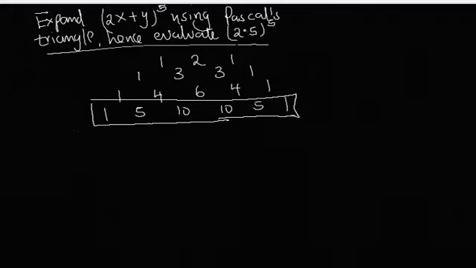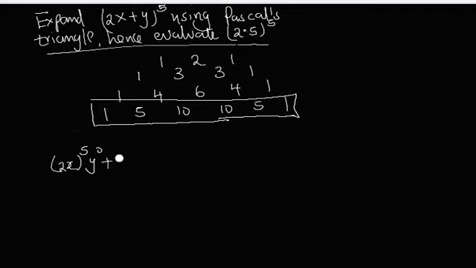And after noting them, the next thing we are going to do is to introduce now our terms without coefficients. And we have two terms, 2x plus y. So we're going to take the first term, 2x, to the power of 5 multiplied by y to the power of 0.